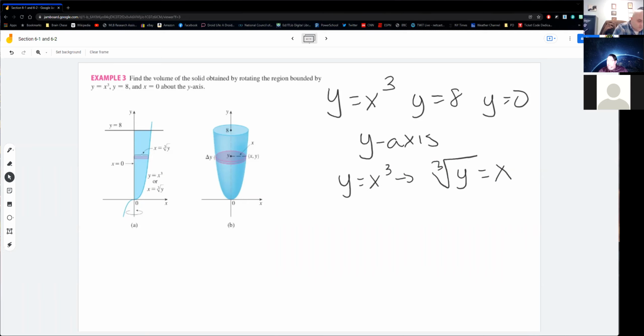Why we're doing that? Because we have to solve for x. Yeah. Since we're rotating around the y-axis, I need all my equations in terms of y. So it has to be x equals, a function of y instead of a function of x.